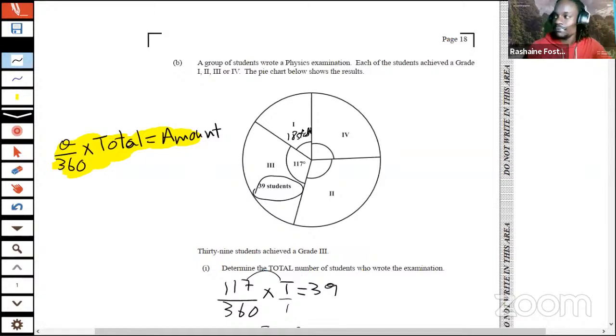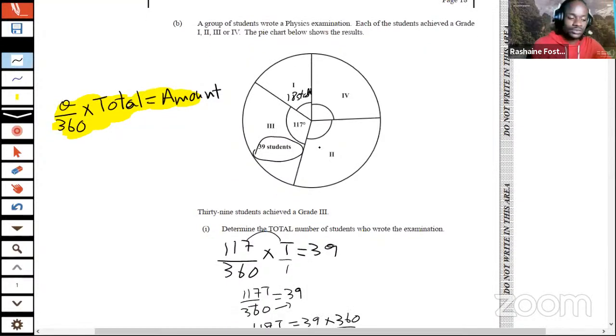All right. What do we also know? Remember that this is the formula that we use. But there's also another formula that we can use when you want to figure out the amount of degrees, or basically the sector angle.